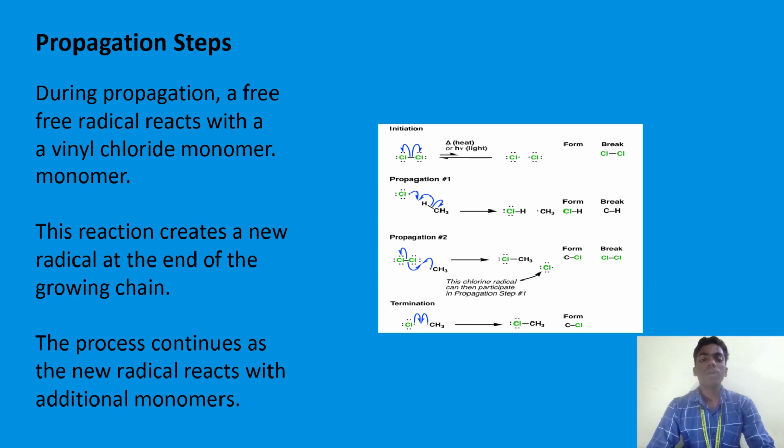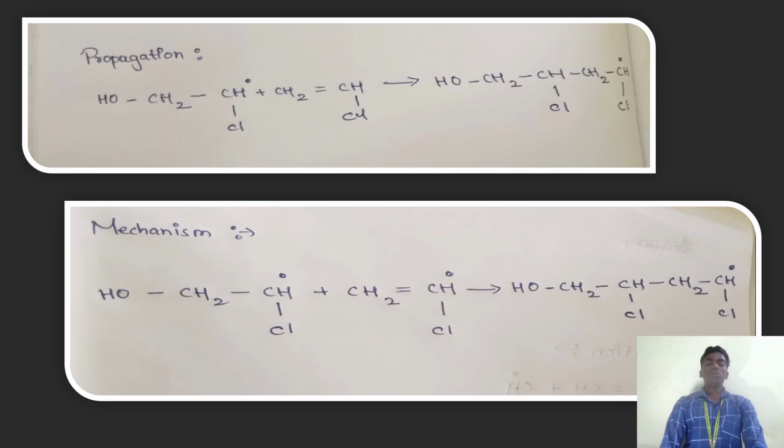This reaction creates a new radical at the end of the growing chain, and the process continues as the new radical reacts with additional monomers. In the propagation step, the product of the first initiation step, OH single bond CH2 single bond CH radical single bond Cl, reacts with vinyl chloride again, and it forms OH single bond CH2 single bond CHCl single bond CH2 and again a radical CH single bond Cl.